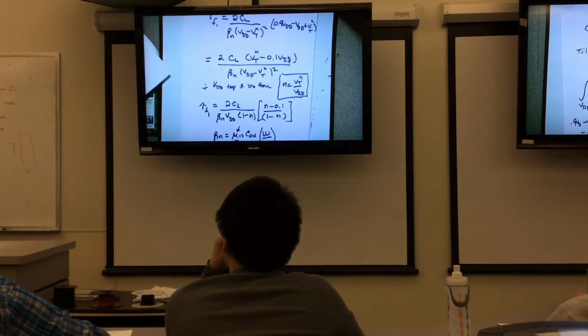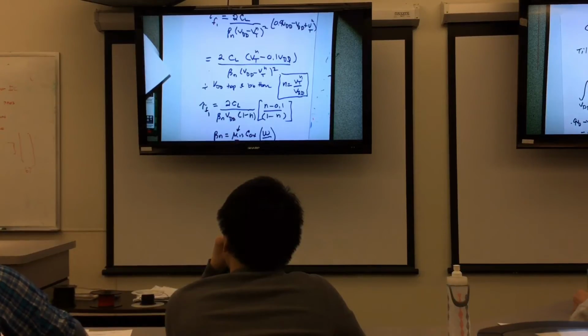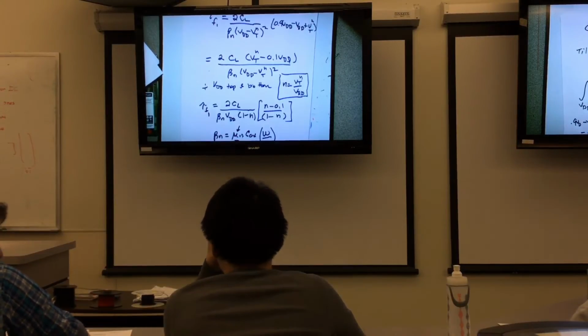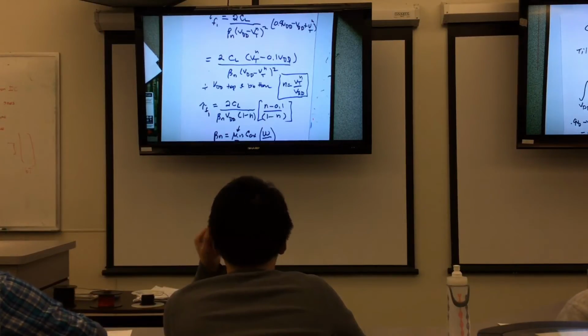How about Cox? Now, there was a period in the shrinking process where we were not going anywhere because we couldn't shrink the oxide thickness anymore. It was as thin as it was going to get. We need to make it bigger if we want to get bigger yields. The only way to do that would be to find a higher dielectric constant material. And there are plenty of them around.